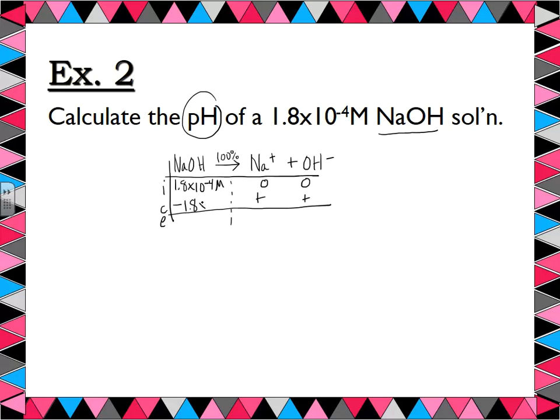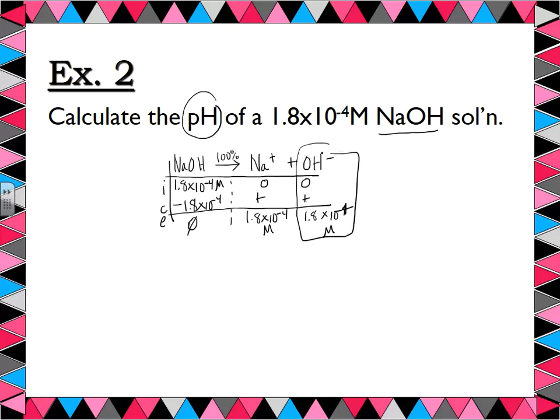So minus 1.8 times 10 to the negative 4 leaves me with none of the original base. But here I'm going to end up with 1.8 times 10 to the negative 4 of the sodium ion, as well as 1.8 times 10 to the negative 4 molar of the hydroxide ion.